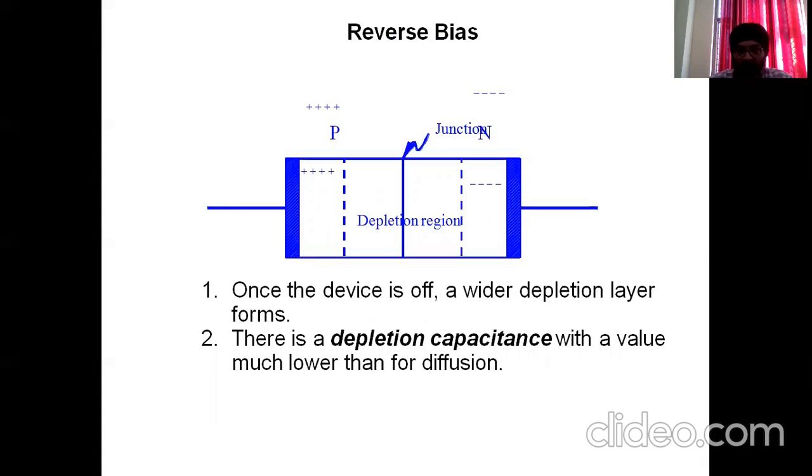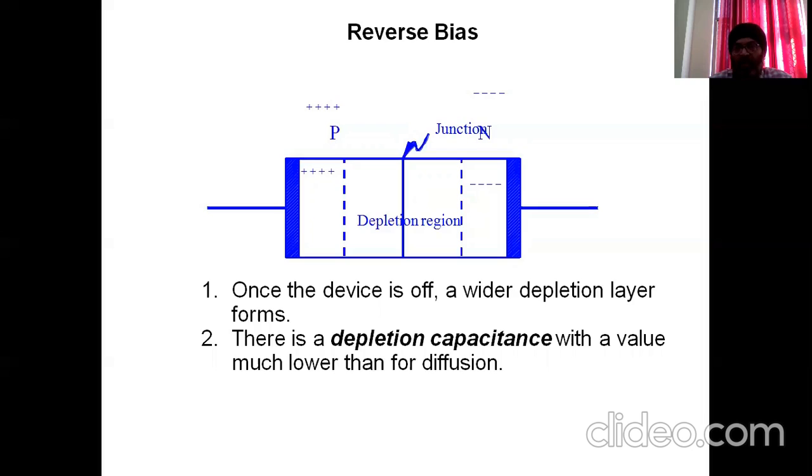Now, when we go to reverse bias, the depletion layer becomes wider. So this depletion layer acts as a depletion capacitance, and its value is lower compared to the diffusion capacitance in forward bias. So during the unbiased condition, a depletion layer starts to build up.